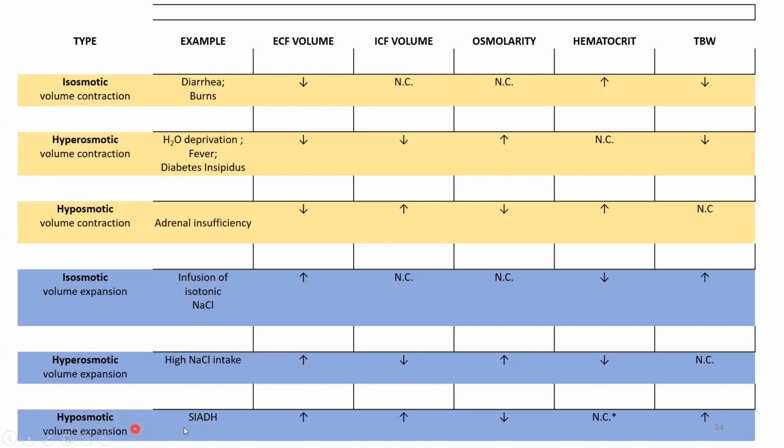volume expansion. SIADH, it's syndrome of inappropriate ADH secretion. So S is for syndrome, I is for inappropriate, ADH is for that hormone secretion. So there is some sort of a tumor or somehow there is increased ADH in the system. Now you have, as I already told you, ADH reabsorbs water.